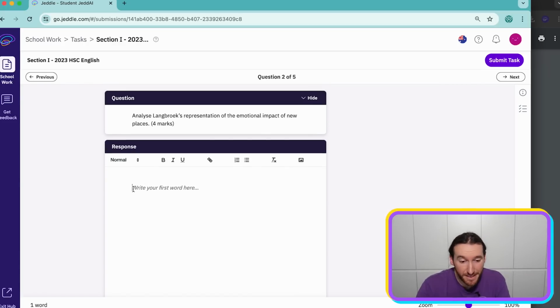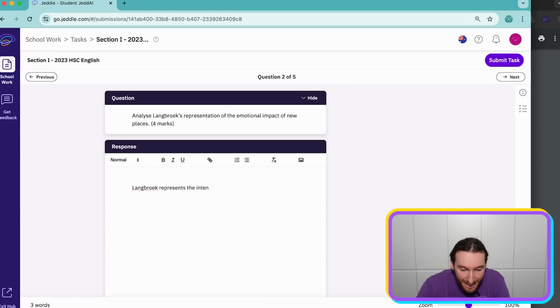So let's start the sentence. I never overthink starting the sentence. We just want to be guided by the words of the question. It says, analyze Langbroek's representation. So I'm going to say Langbroek represents. And then to make sure I'm not repeating the words of the question, I want to add some adjectives and expansions on the keywords. So Langbroek represents what kind of emotional impact?